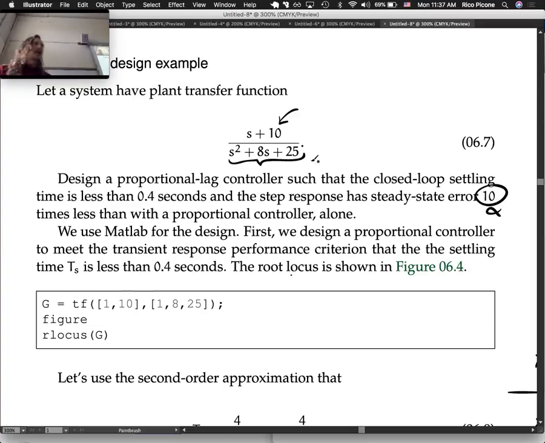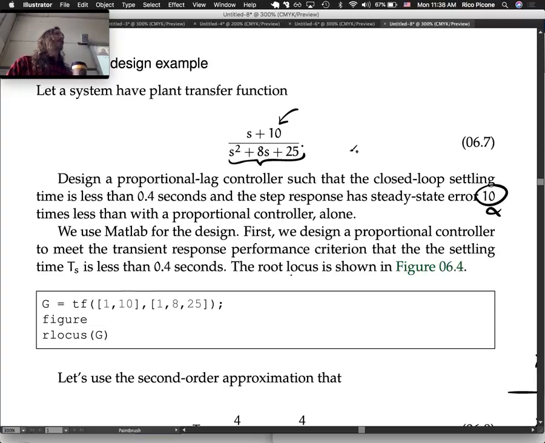How do we know that's a finite value? How do I know that for a step input, the steady state error is finite for this plant? 6.7. Yeah, this has how many integrators? How many integrators does 6.7 have? 0. So it's a type 0 system.